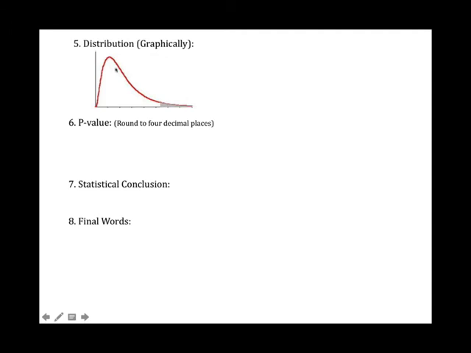Next step. The F distribution is skewed to the right. Make sure you don't give me the normal distribution; skew to the right. And we have the test statistic 3.833 here. Find your p-value.